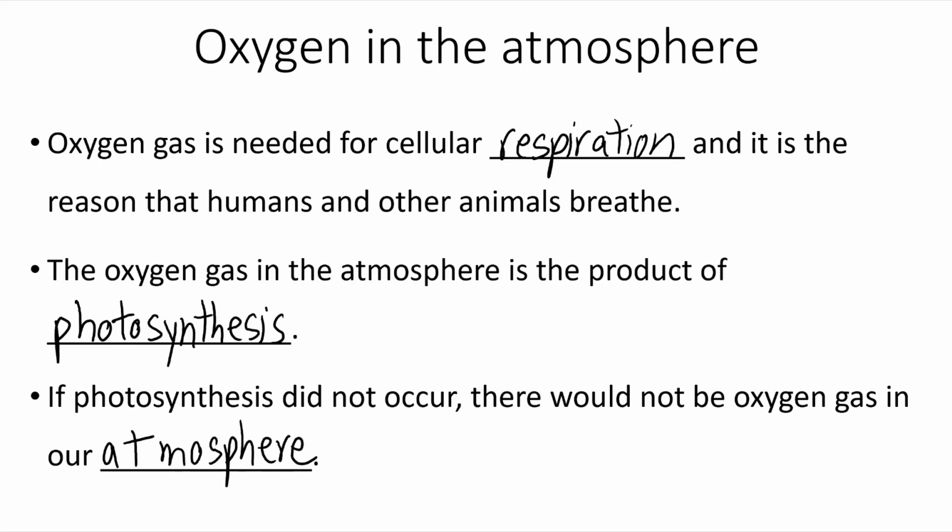Oxygen gas is actually highly reactive, and it will react with many things, not just organic molecules, but also things like iron to form rust or many other metals. And so the amount of oxygen gas in our atmosphere is directly the result of photosynthesis. If photosynthesis were to stop someday, that oxygen would eventually be used up, and we wouldn't have an atmosphere full of oxygen like we have today.